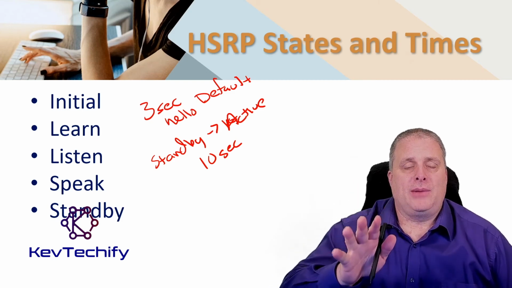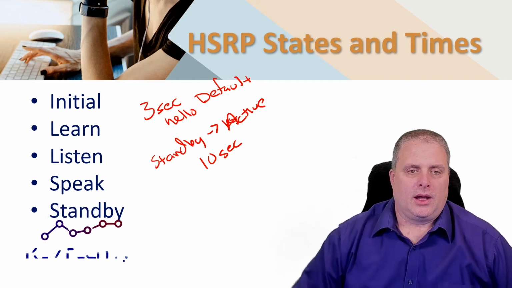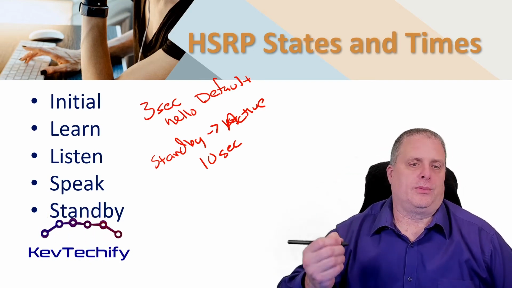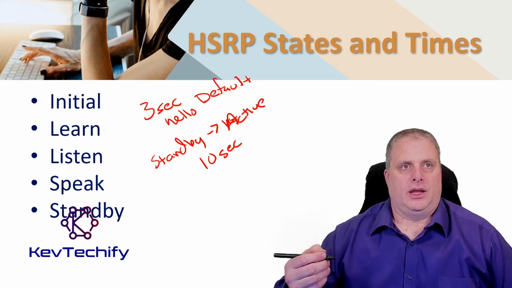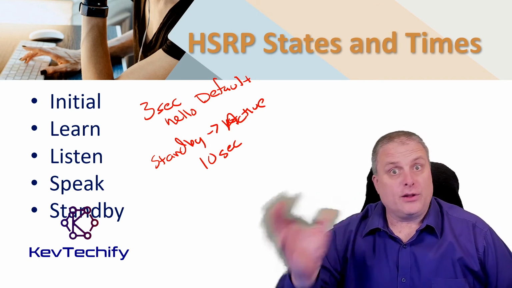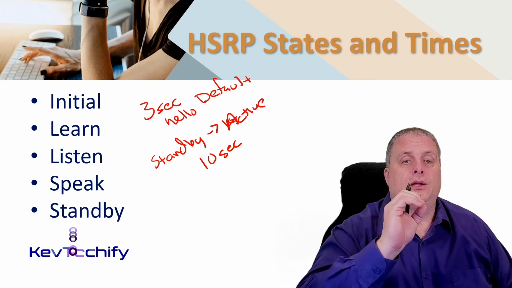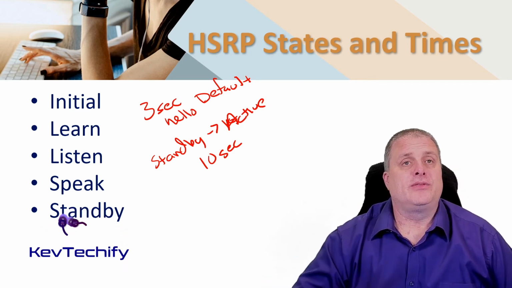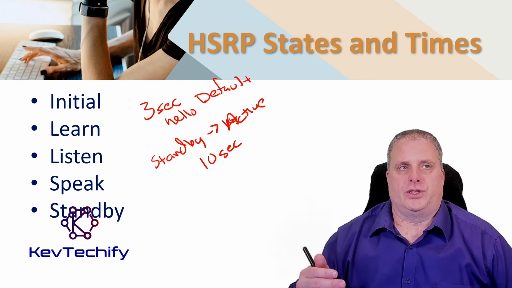Now, these timings, you could raise and lower them. You could change the 3 seconds and the 10 seconds. If you go with smaller increments, if you go down to 1 second and 5 seconds, it'll increase the speed at which failover happens. It'll make that transition from standby to active quicker, but it's also going to increase your CPU usage.